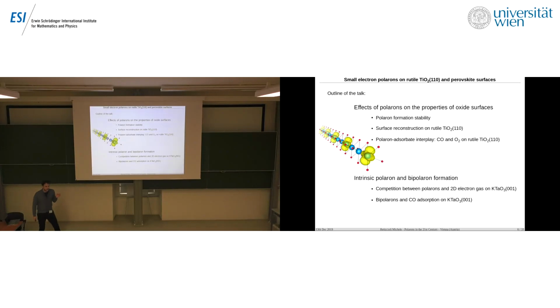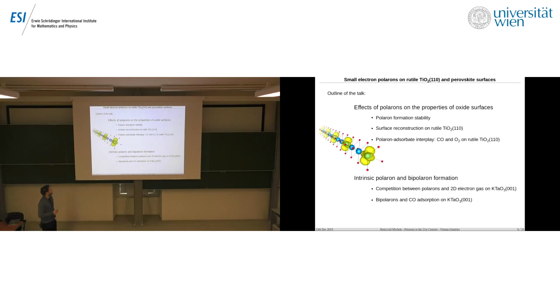The outline of the talk is such that in the first part I will discuss more consolidated results, consolidated because they were published already and discussed by Martin yesterday. So I'm going to keep it very brief, but I'm going to try to give some more motivation behind all the phenomena that Martin showed yesterday.